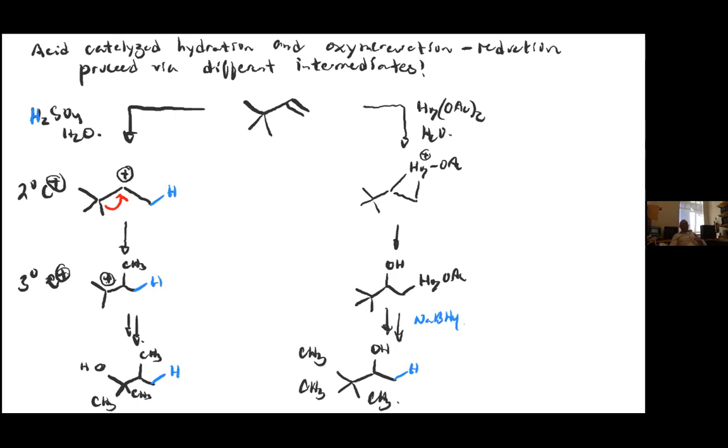The reason is that you don't go through a discrete carbocation. And so in instances where the molecules can rearrange, you need to apply a little bit of resolution in terms of which process you select. Okay. All right, so I'll stop there.